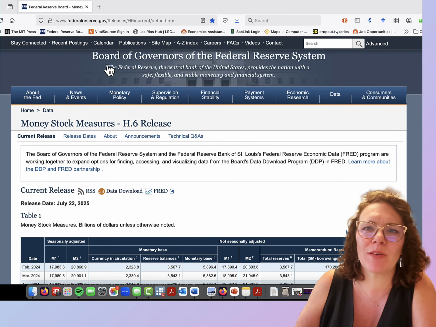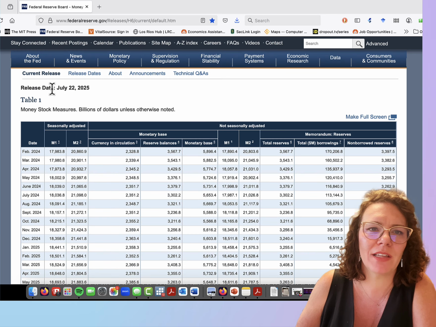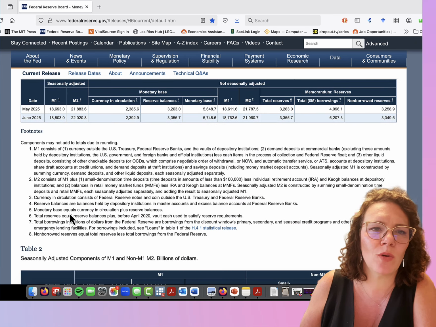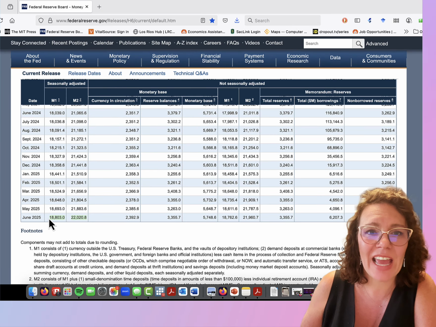So we can see here, this is from the Board of Governors of the Federal Reserve, from St. Louis, talking about their release in 2025 of M1 and M2. So you can see M1 here, this is from February of 2024, and then they get more modern down here. And M2 is going to contain M1.